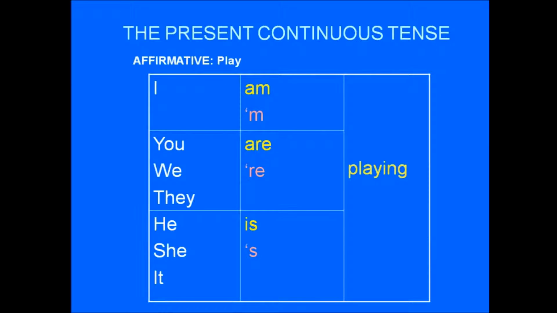You can say I am playing, or you, we, they are playing, he, she, it is playing. You can speak in a short form, the abbreviation. I am becomes I'm, you are becomes you're, and for he, she, it, you can say he's playing.